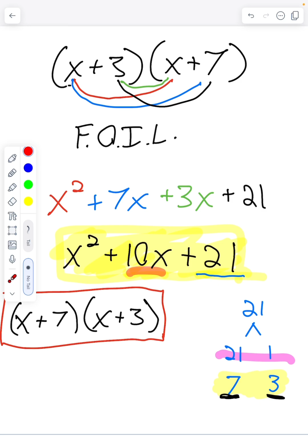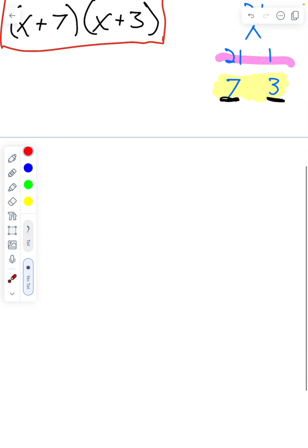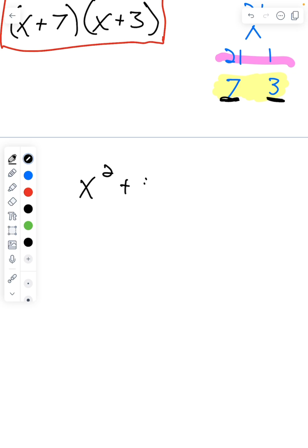Okay? So now, why is this a thing in the first place? Why are we even doing this at all? Well, because typically what we end up doing here is we have an x squared plus 10x plus 21, and instead of just saying factor this, they say this is all equal to 0.